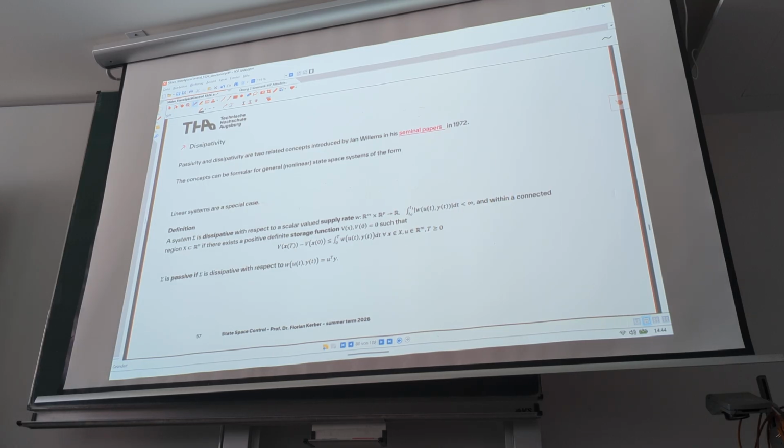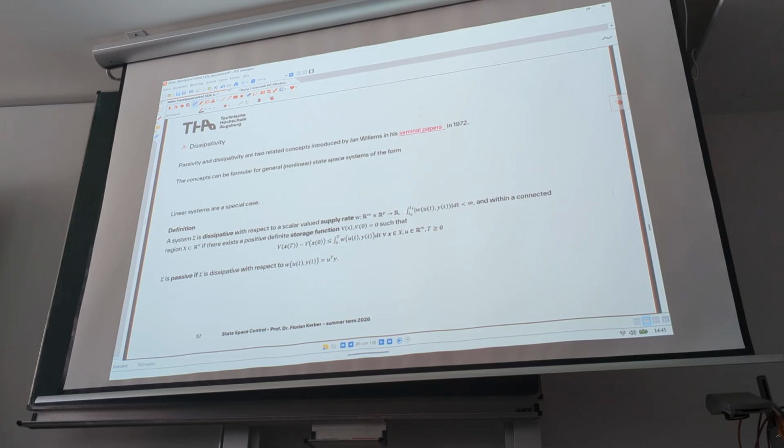And therefore, dissipativity or passivity, we will see the difference soon, is very important. And secondly, it has a very nice energy interpretation as well. You probably have an intuitive understanding of what dissipativity means, and it's very closely related, just cast in a mathematically rigorous way.